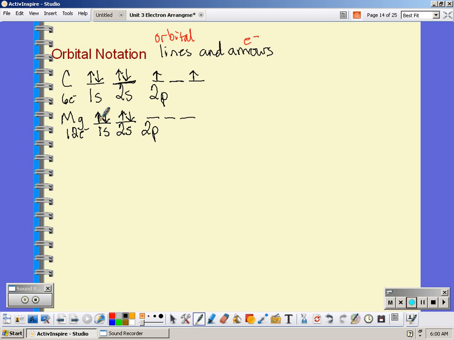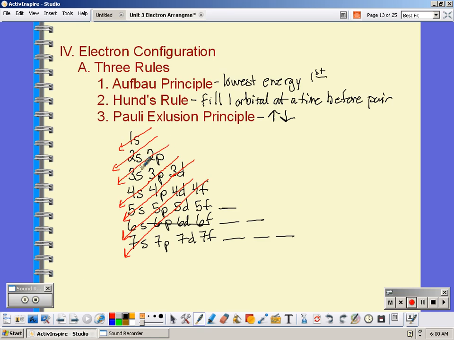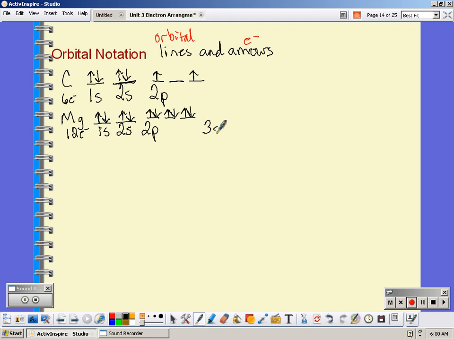So 4, 5, 6, 7 by themselves before they pair up. 8, 9, 10. So I still have 2 more electrons. After you fill the 2p, you're going to fill the 3s. Each s sublevel has 1 orbital, and I can place my remaining 2 electrons on that orbital as long as they have opposite spins.